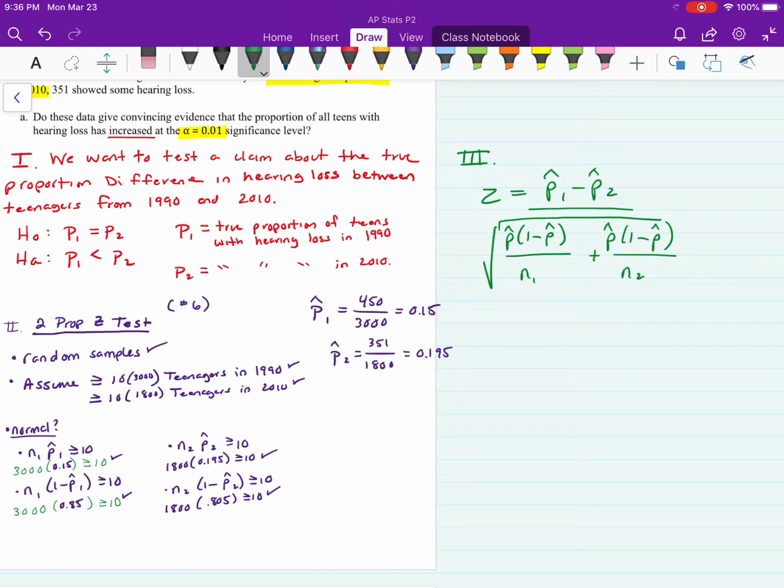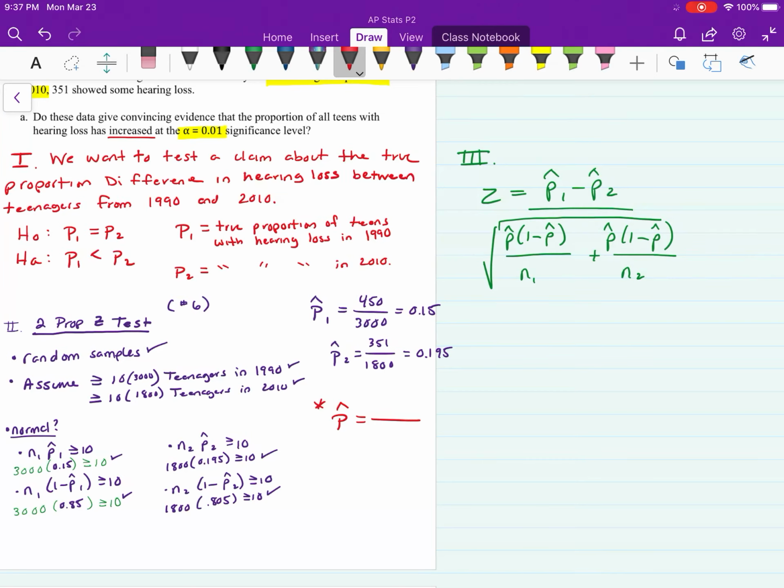That's regular p hat. We have to find out what regular p hat is. And the way that you do that is by combining these two groups together. So regular p hat is going to be, add up your denominators.